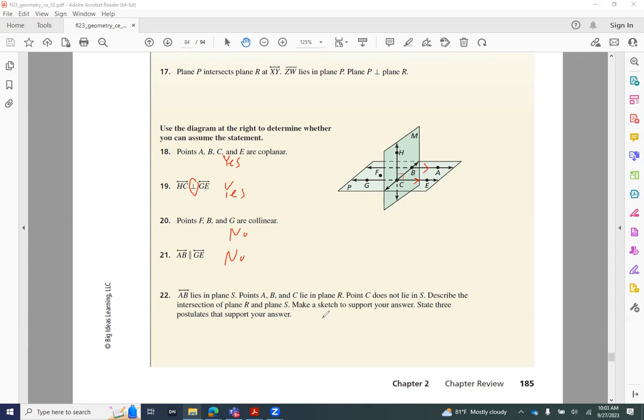The other 2 points, sorry, not the other 2. C will not be on that same line. C will be on plane R, but not in plane S. So you could draw another diagram similar to what they had up there, or the one that I drew earlier.